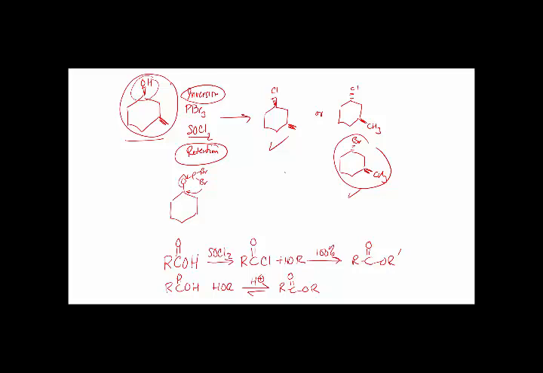We know we'll get one of those two. It just depends on what book we look at. When we're working that, do you want us to specify whether it's inversion? You're going to specify whether it's inversion or retention by whether the product still has a bold or it's become dashed. If it still has a bold, it's retention. If it has a dash, that's been inverted. And if it's 50-50, you have to show both products.